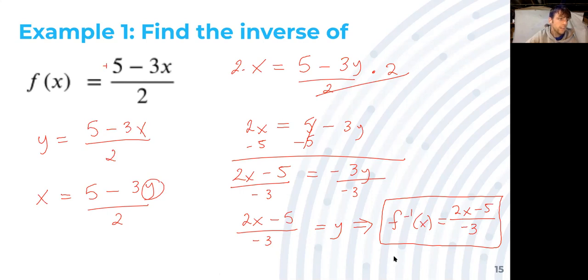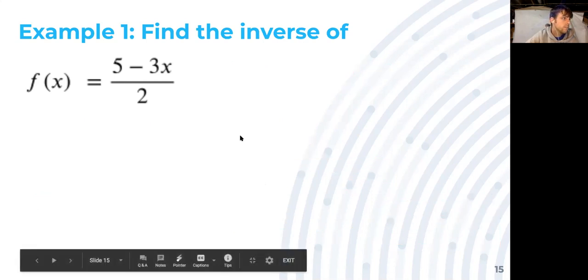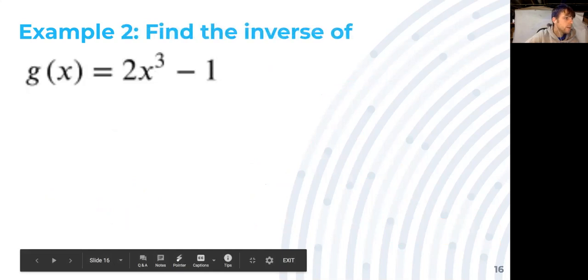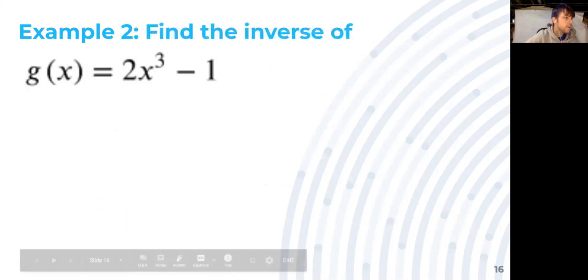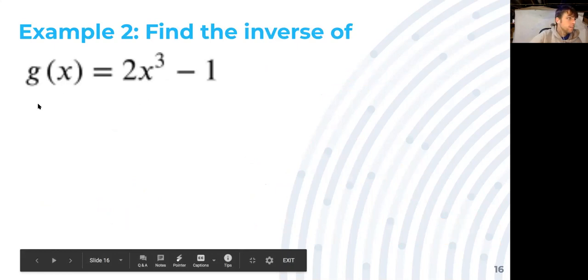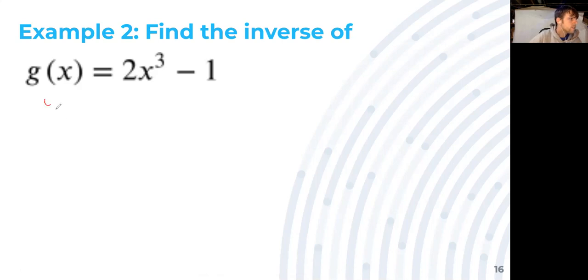Okay, I'm clearing, and let's do a little more complicated one. Here we go. It's not too bad, but a little bit more complicated. So first thing I'm going to do is write it in terms of y instead of the f of x, instead of the function notation. So y equals 2x to the third minus 1.